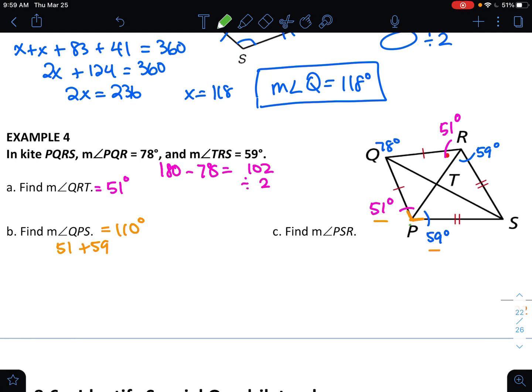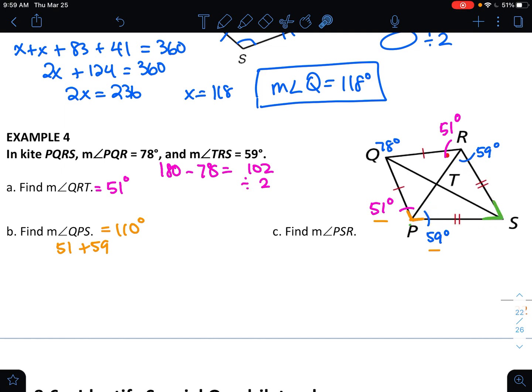Okay, and then finally, the measure of PSR. So that is this big angle here. I could do a number of things. I have a four-sided shape. 78 plus these two, all of that coming out of 360.